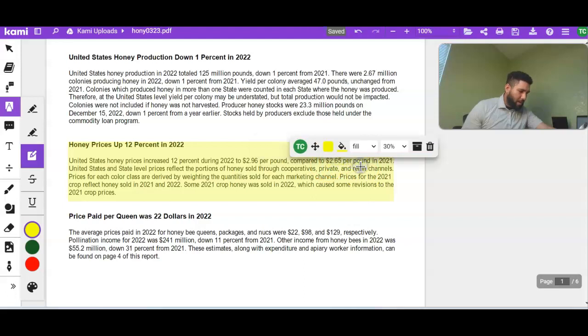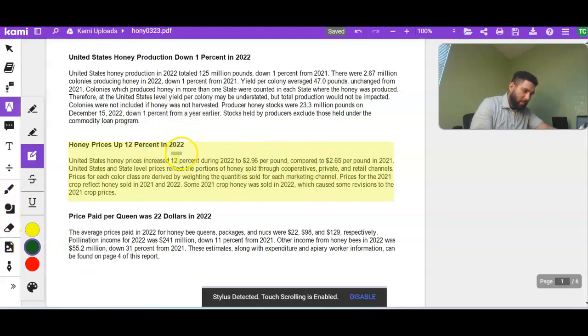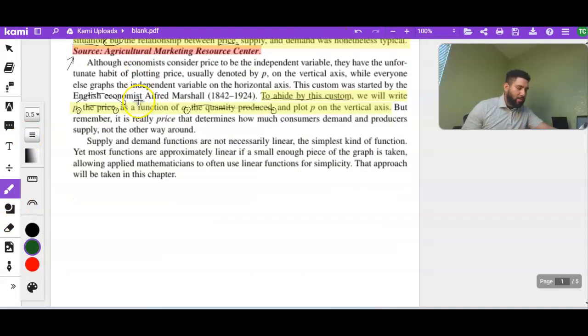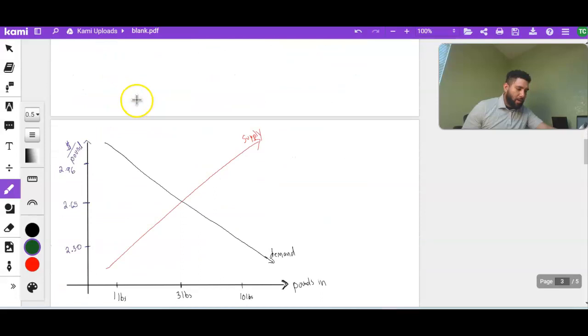Okay, per pound. And so I saw that we'd sell it for $2.65 in 2021 and $2.96 in 2022. So I said, okay, if we have the 12% increase from those two years, we could actually just make a quick supply and demand curve for honey.